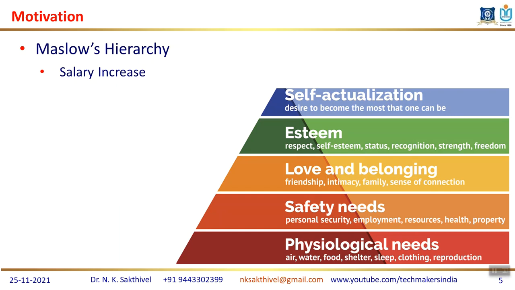And the final one is very important, called self-actualization. That is the desire to become the most important one they want to be. So the employee at any cost should not leave the concern. That type of self-actualization we want to provide. In terms of salary we can provide.